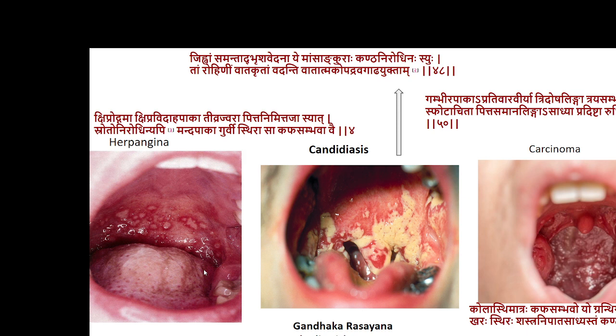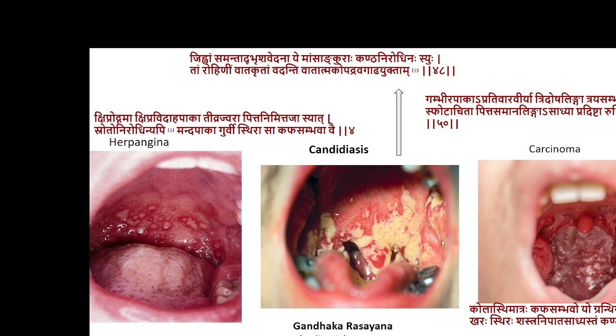Usually the tongue would be free, not involved in such conditions, with sudden onset and acutely painful. The patient may have systemic fever, and that's the typical presentation. In such conditions, the treatment would be Kamadugha and Paripatha. It's a herpes variant. Actually, due to the herpes in the oral cavity, these lesions would occur.